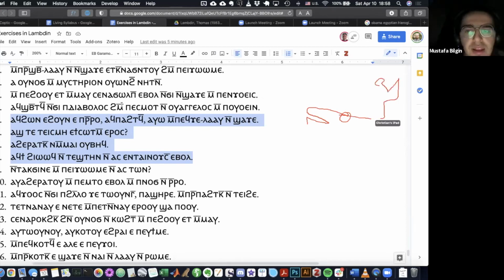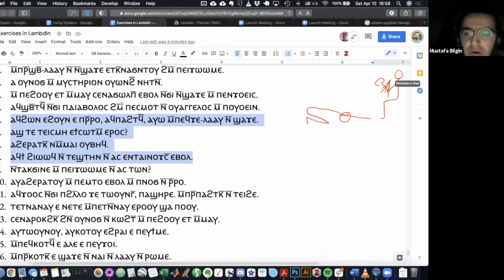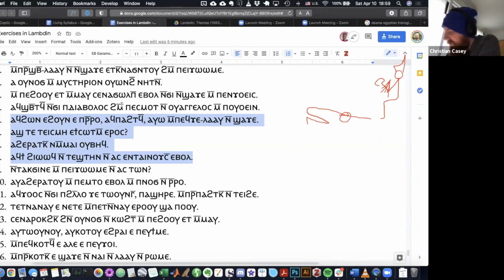Pocht. It's another form of pocht. Then. Yeah. He bowed down or he paid homage, something like that. Yeah, and kowtow. Okay.